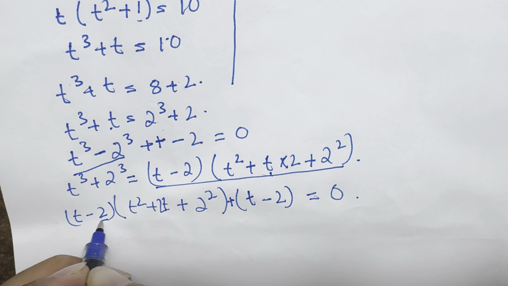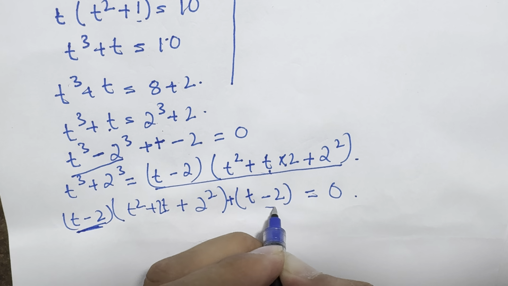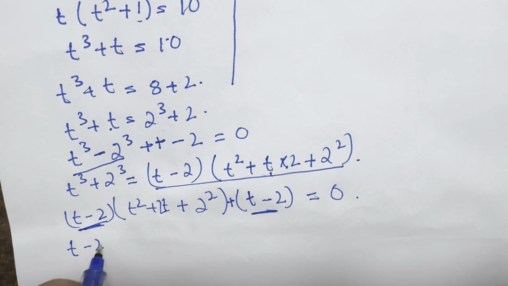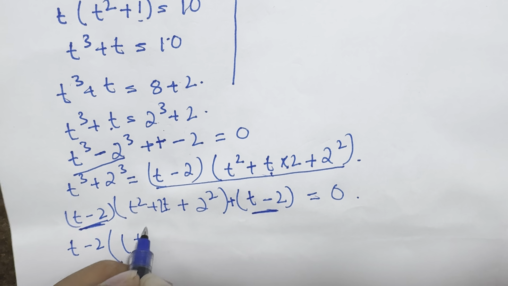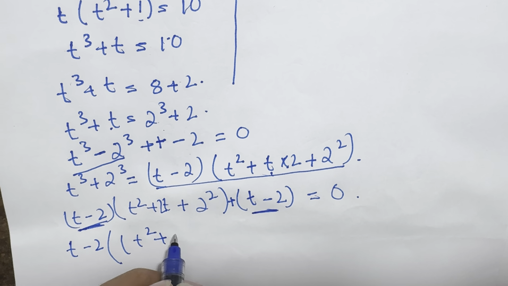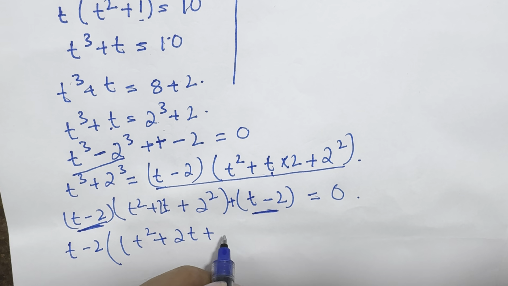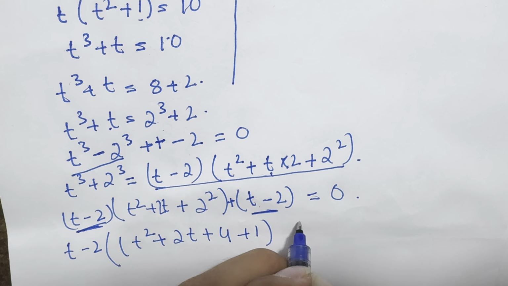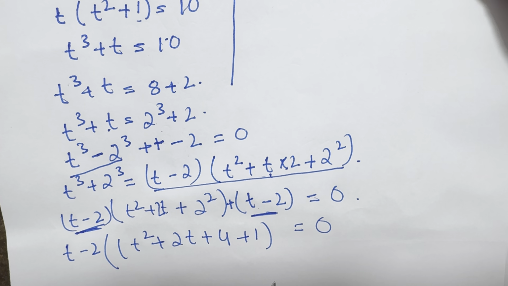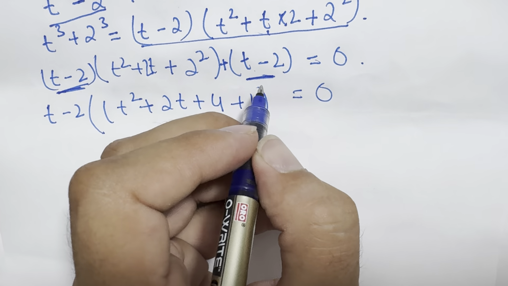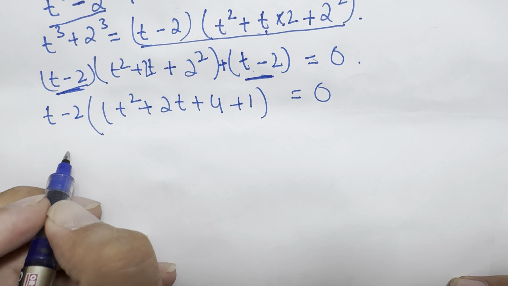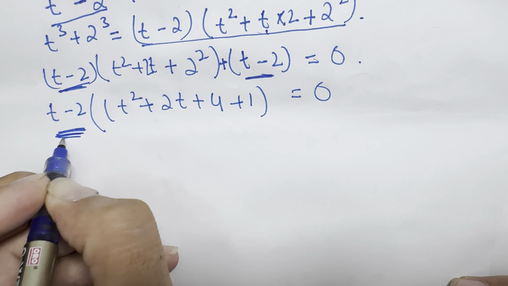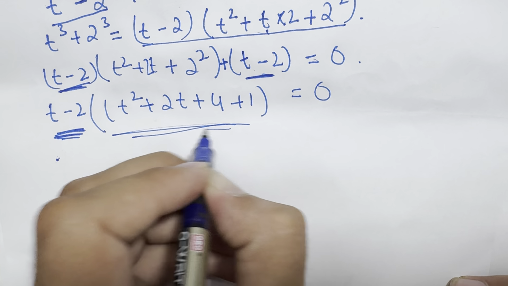So I take this term t minus 2 common from both terms, t minus 2 into t square plus 2t plus 4 plus 1, which is this term, equal to 0. Okay, so this is the first term and this is the second term.